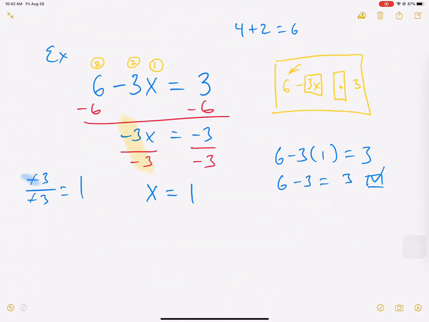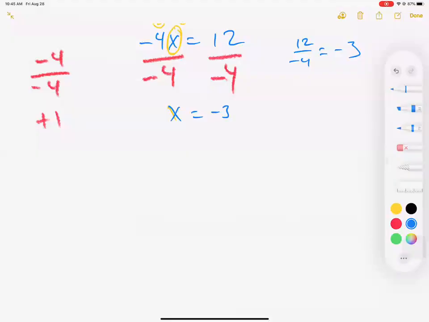Let's see. Do you guys have any other questions about these types of problems? I want to pause the video here. Okay, let's just do one more problem here. And the problem's going to look like this. 2x plus 3 over 4 is equal to, wait, let me change one of these numbers.